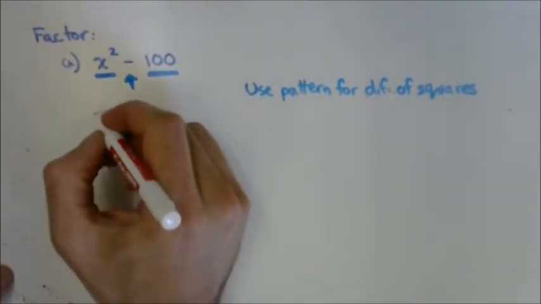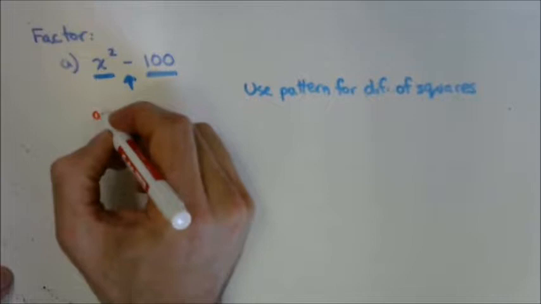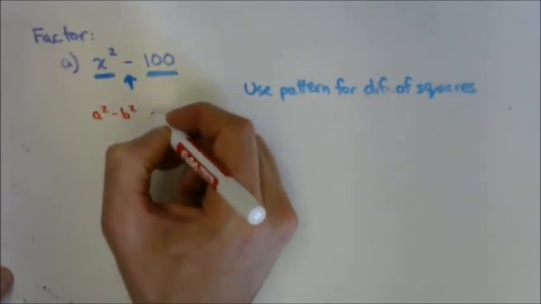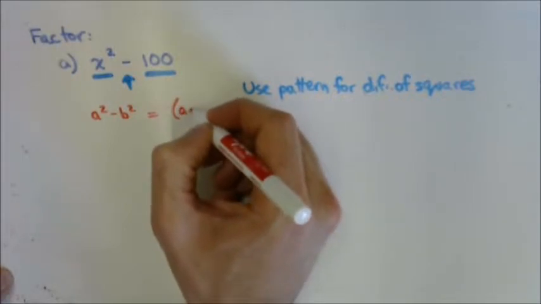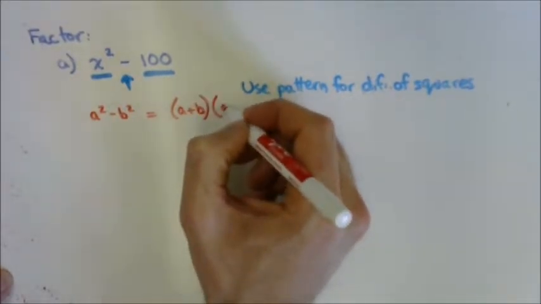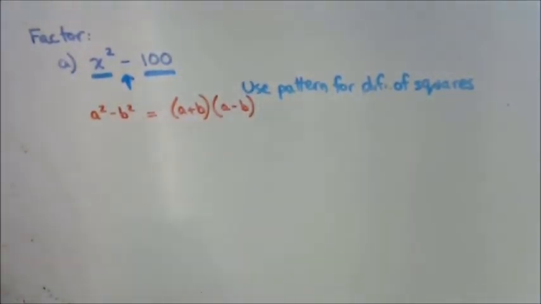Okay, let's recall the pattern. It's a squared minus b squared equals a plus b times a minus b. Okay, let's represent our numbers as the squares that they are.